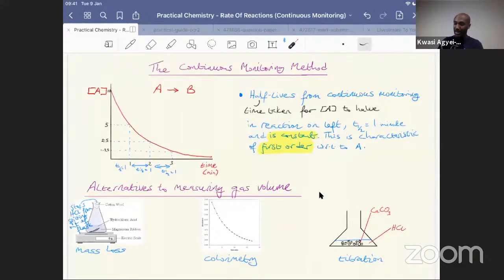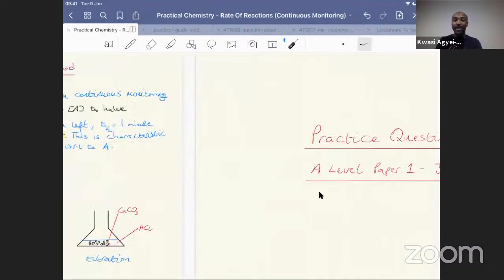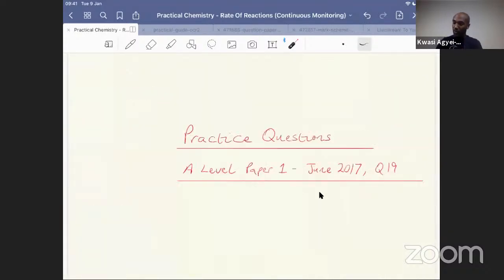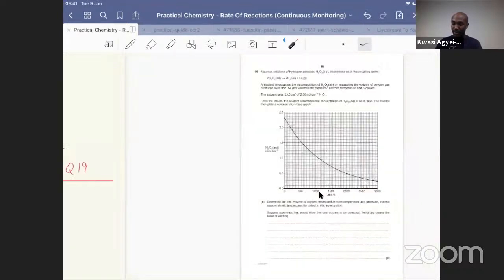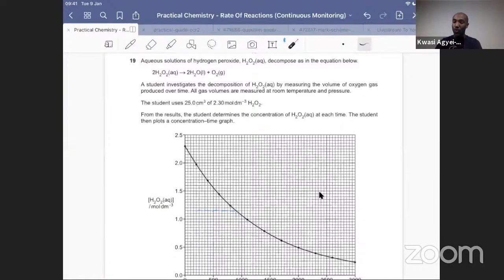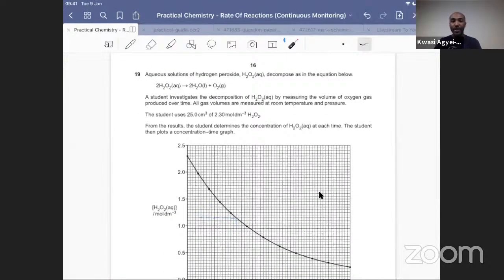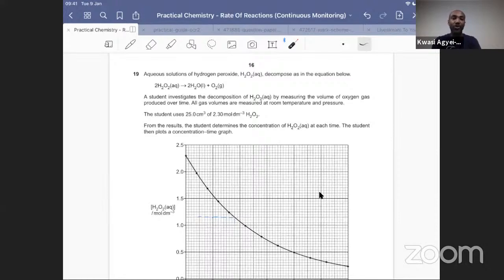So let's look at a typical practice exam question on a continuous method of monitoring the rate of a reaction. This question is from your A-level paper 1 2017, and it looks at the reaction where hydrogen peroxide decomposes to give you water and oxygen.